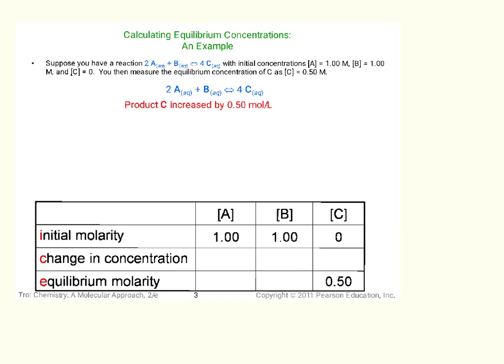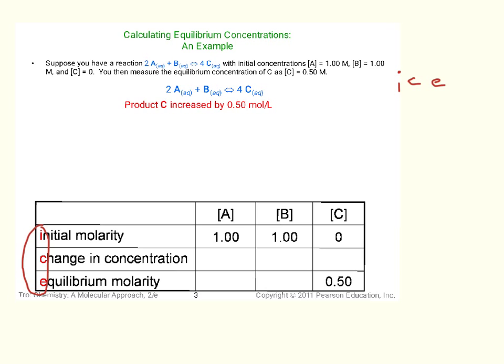To be successful in solving this type of problem, it's highly recommended to use a technique known as an ICE table. ICE is an abbreviation of the first letters of the rubrics: initial molarity, change in concentration, equilibrium molarity. The next step is to analyze the problem and understand the sign of changes in concentrations.